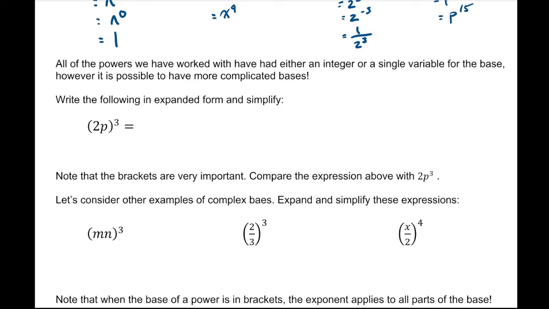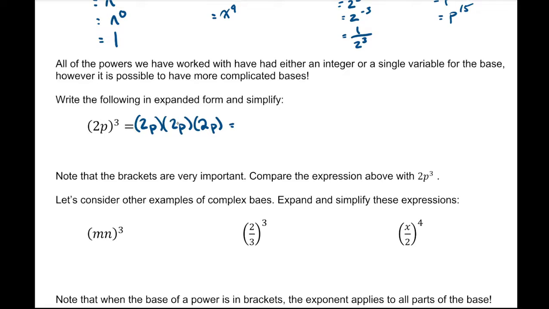Now to work through this, let's write this in expanded form. That power of 3 means I have 2p multiplied by itself 3 times. So that's the expanded form. If I want to simplify this, remember when we're multiplying terms that have letters and numbers, you focus on the numbers.